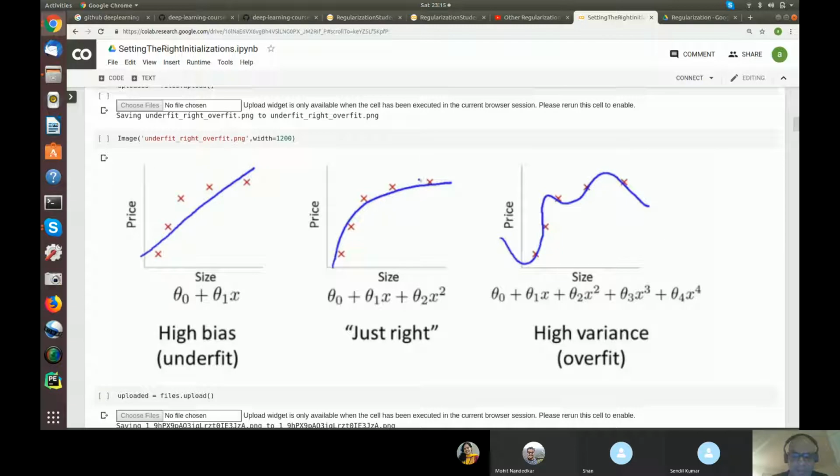So that's the key idea, that if the model's capacity is less than the data, then it has difficulty fitting the data. If the model's capacity is more, then it overfits the data. So we can have a model which has more capacity than the data.